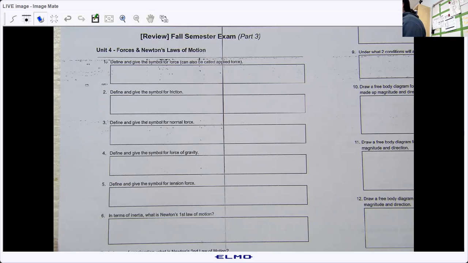So if it's at a constant speed, right, we have a car driving down the road. What do we know that all objects are always going to have? The weight of the object, the force of gravity. What is the force that acts perpendicular to the object? The normal force.